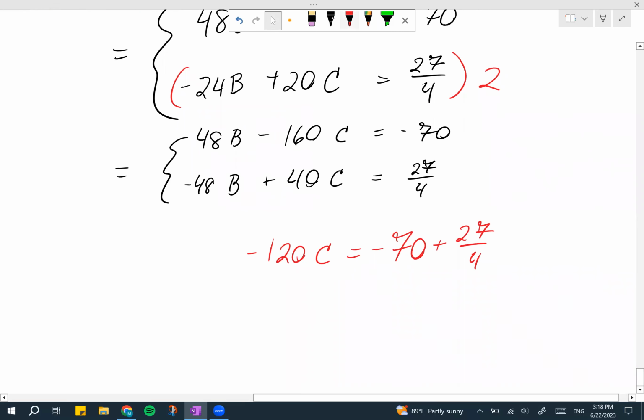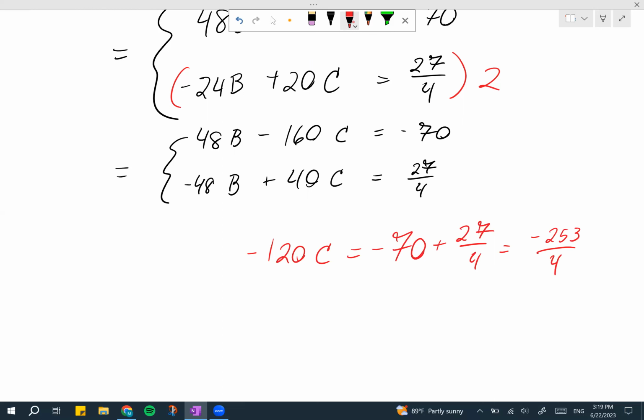Whenever I solve for c, this negative 70 plus 27 over 4 is, give me a second, negative 253 over 4.